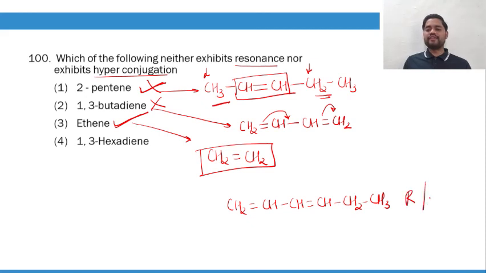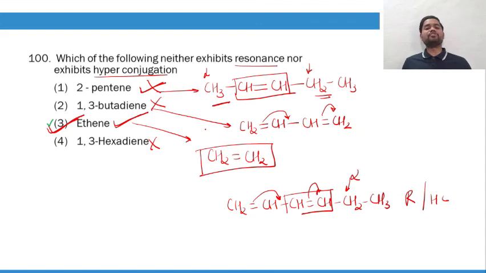It shows resonance as well as hyperconjugation. This is the alpha carbon atom, hence hyperconjugation, and with respect to this, resonance. Okay, clear? So this should not be the right answer. Hence the right answer is option number 3.